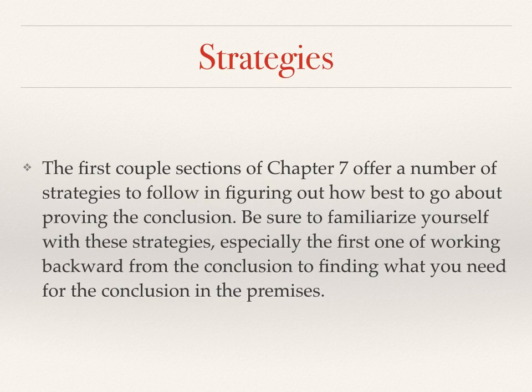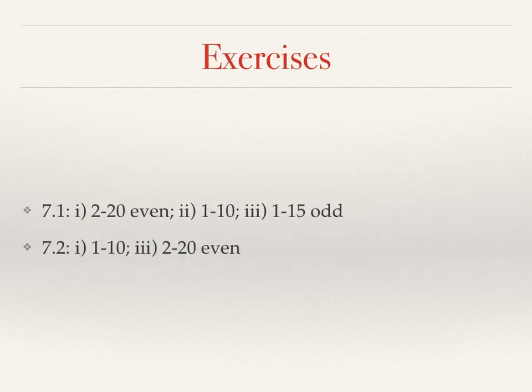I've given some in this section already. If you have a disjunction that you want to prove, then sometimes you might want to look to constructive dilemma as a possible way to go, or addition, and so on. Those strategies will be very helpful for you to try to chart a strategy to go about proving that conclusion. So here's the exercises for this section, and give it your best shot.